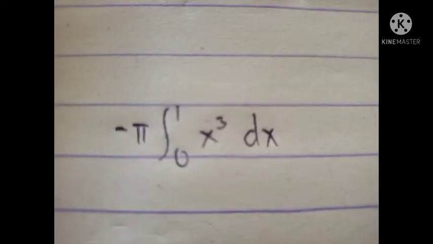Now we're just going to subtract x to the 4th minus x, so we'll get x cubed. So now we have pi times the integration from 0 to 1 of x cubed dx.